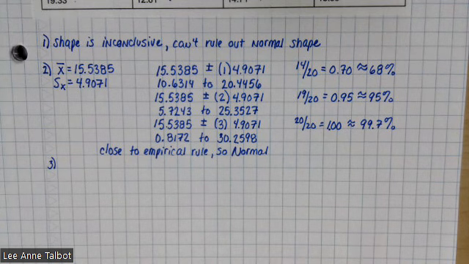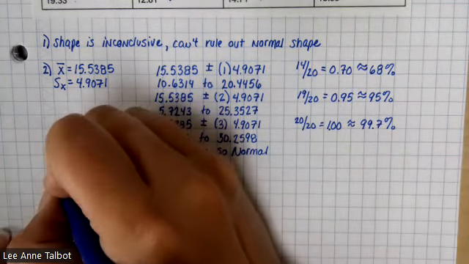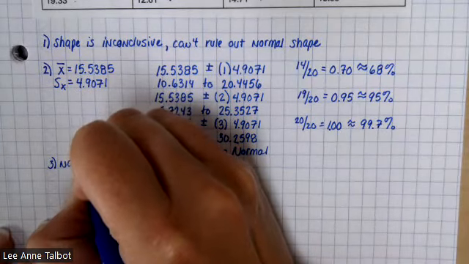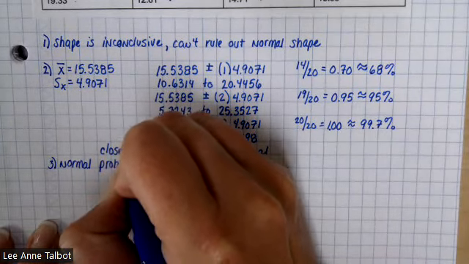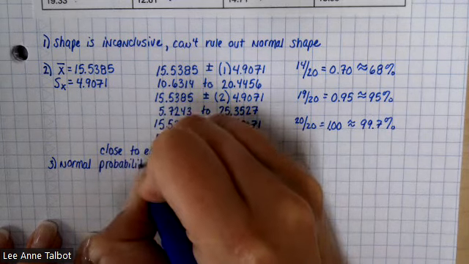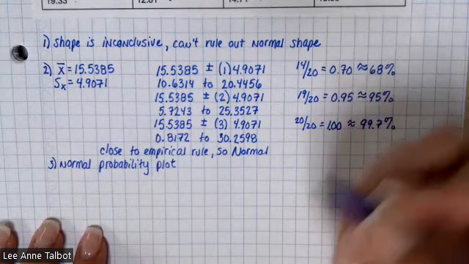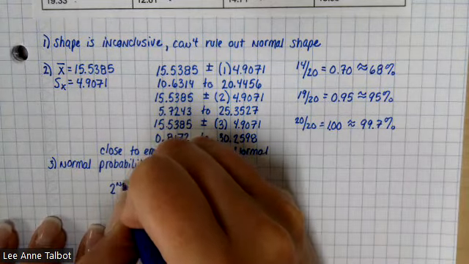Okay, and then the last bit is a graph that you can do on the calculator called a normal probability plot. This is the very last thing I'm teaching you today. I'm going to teach you the calculator strokes here.